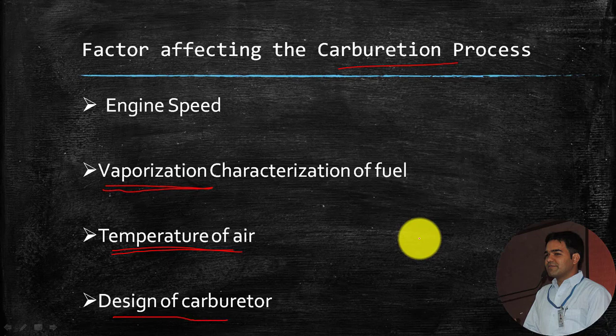And the design of the carburetor depends on the type of vehicle. The design of the carburetor also affects the carburation process. So these are the factors affecting the carburation process. If you guys are ready to know about these factors in depth, you can comment on this video. I will provide all details.